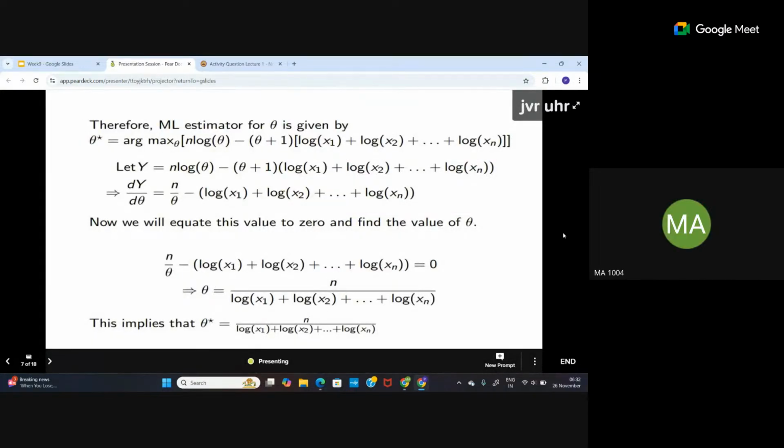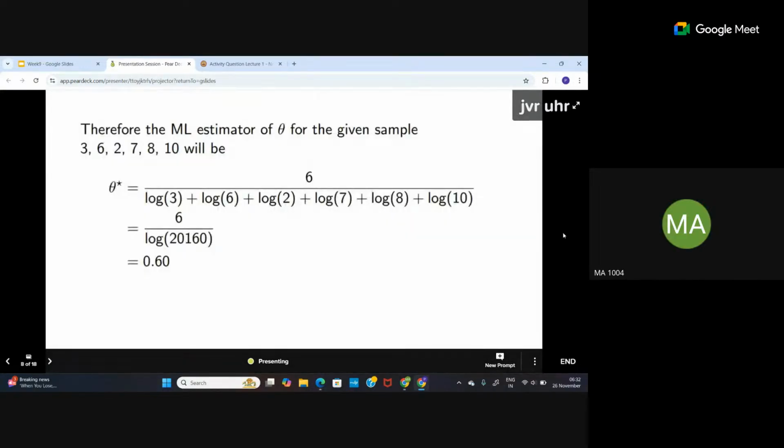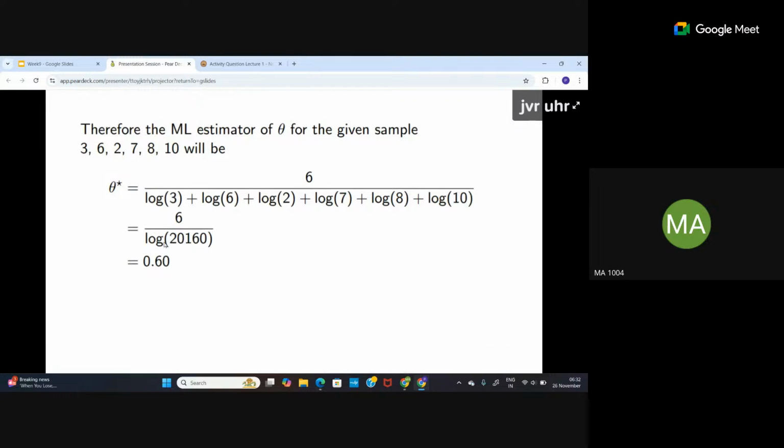Okay, so we have followed this method. The value will be 0.60. Again, I'm saying that you have to take natural log here. If you take log on base 10, then the value will be different.